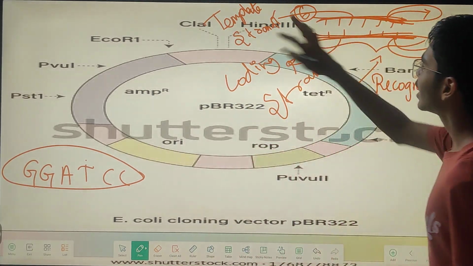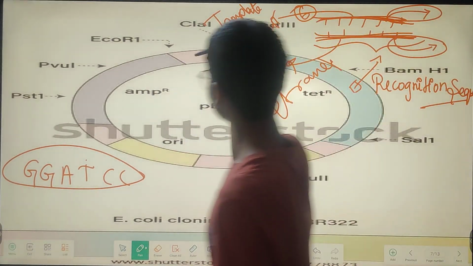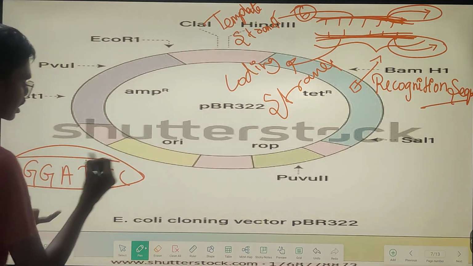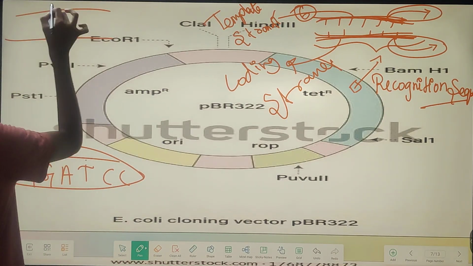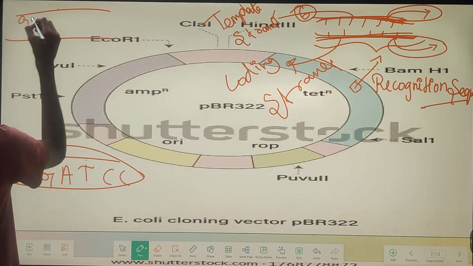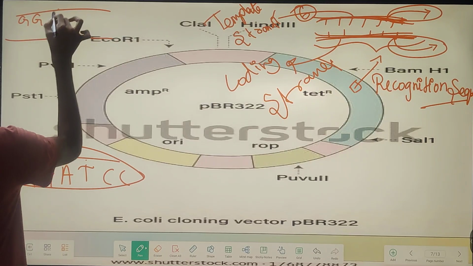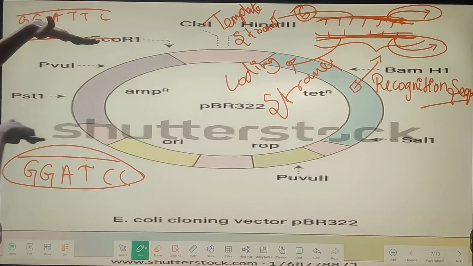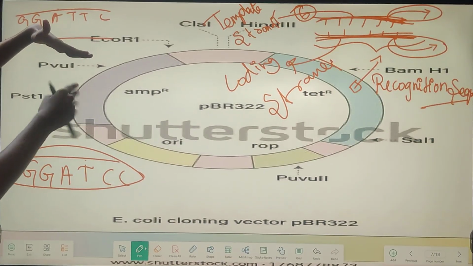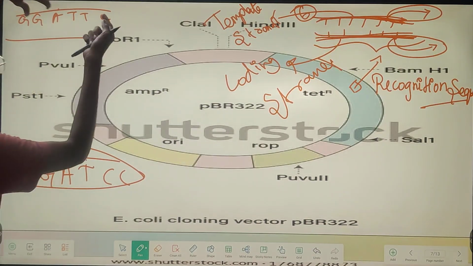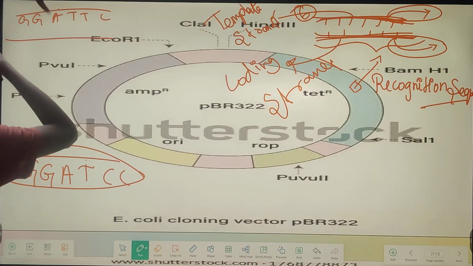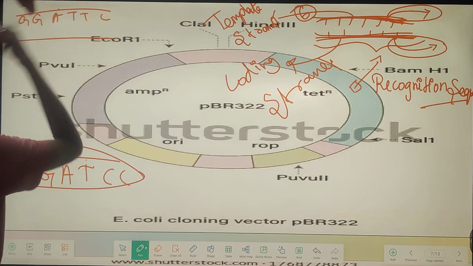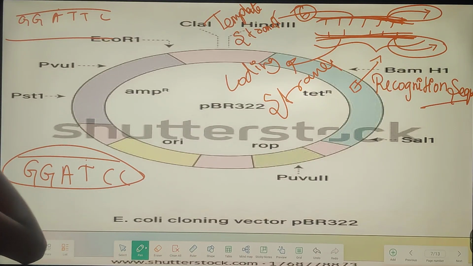So this is the template strand, and this is the coding strand. I've also explained why they got these names. It's actually very simple. For an example, you just conclude that this is the template strand. So here you have GGATCC. Then here this will have its own nitrogen base pairs, and that will be exactly the opposite of this.